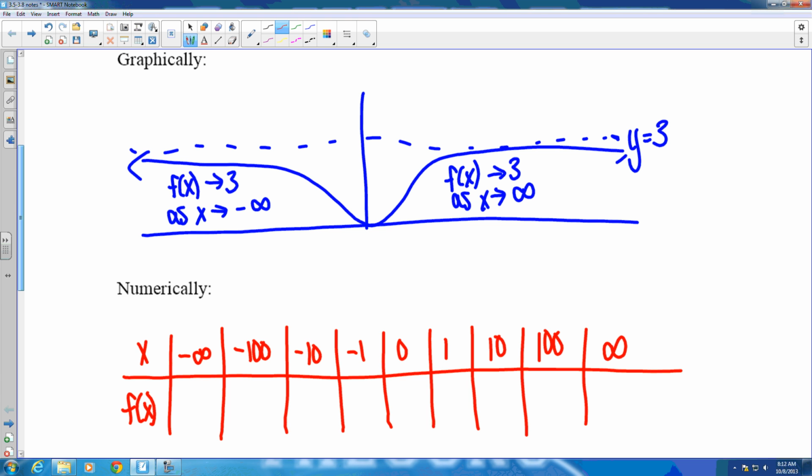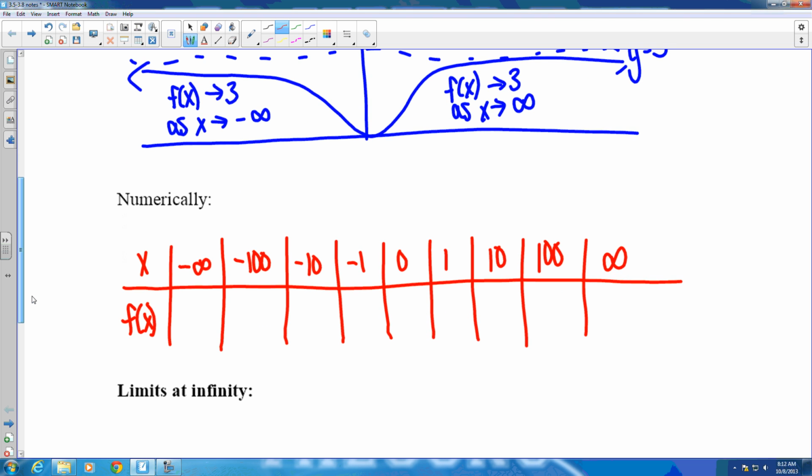So the negative infinity, we're just kind of guessing at. Let's start at 0 and work in the negative direction. So 0, 1.5 for negative 1, negative 10 gives us 2.97, negative 100 gives us 2.9997. And as you go bigger, you could do 10,000 or something, and it's very, very close to 3.